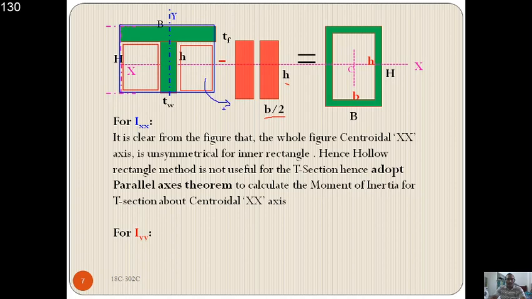About the x-axis, when we find that these are unsymmetrical distances, you can see in this figure that the distance from this point to this point is not equal to the distances below.